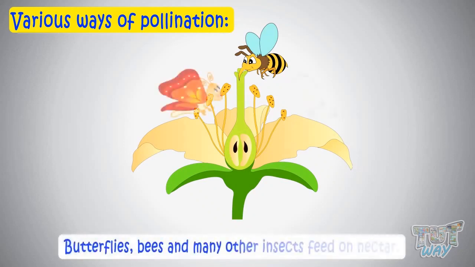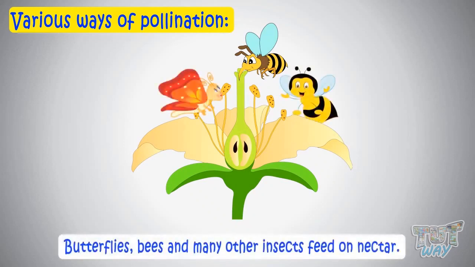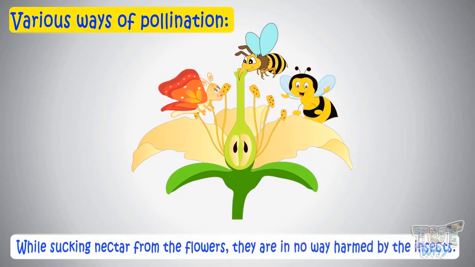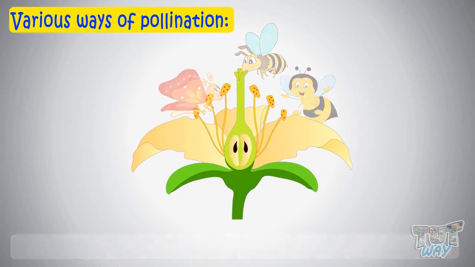Butterflies, bees, and many other insects feed on the nectar. So they visit the flower to suck nectar. While sucking nectar from the flowers, they are in no way harmed by the insects. Insects feed on the nectar present in the flowers.